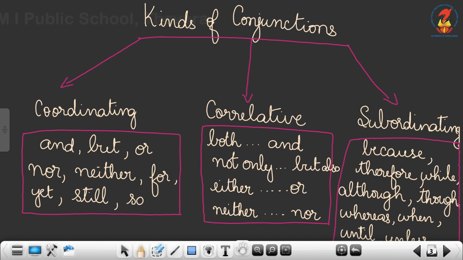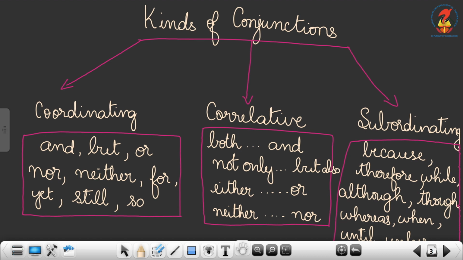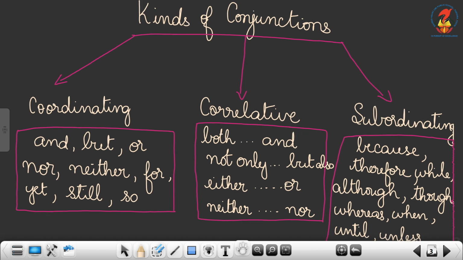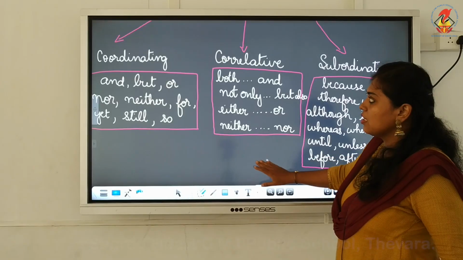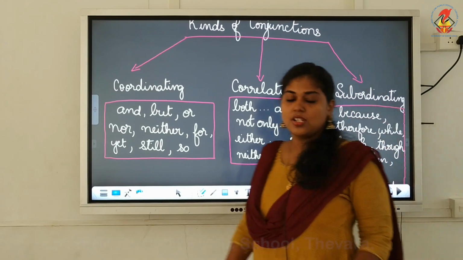Coordinating are and, but, or, nor, neither, for, yet, still, so. Correlative conjunctions are both and, not only but also, either or, neither nor. And subordinating are because, therefore, while, although, though, whereas, when, until, unless, before, after, if. These are the three kinds of conjunctions.